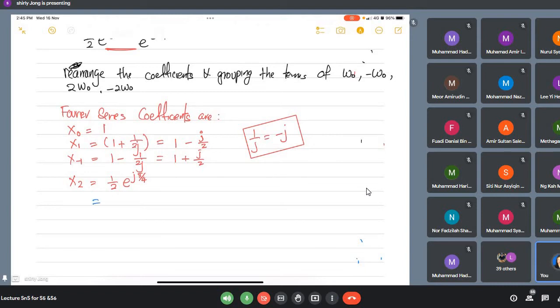This one you can change to 1 over 2. The cos is pi over 4, right? So it's cos pi over 4 plus j sine pi over 4.